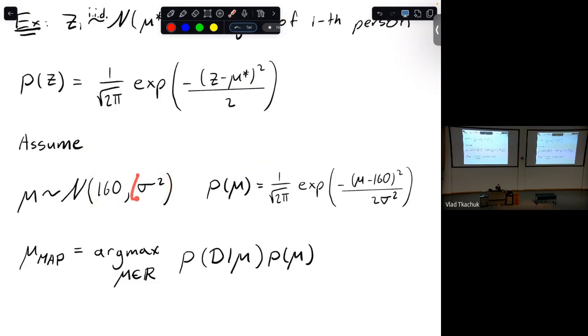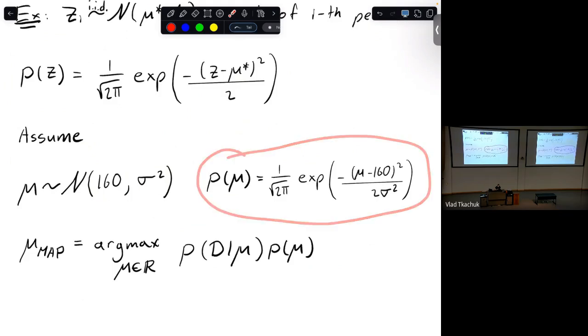We should really pick a number, but we're going to keep it as a variable because we'll see that the choice of this will differ. Clearly, the larger this is, the less certain we are, because it says we're very far from 160. And the smaller this is, it basically means we have absolute certainty around 160 if there's 0 variance. Okay, and yes, it has a PDF.